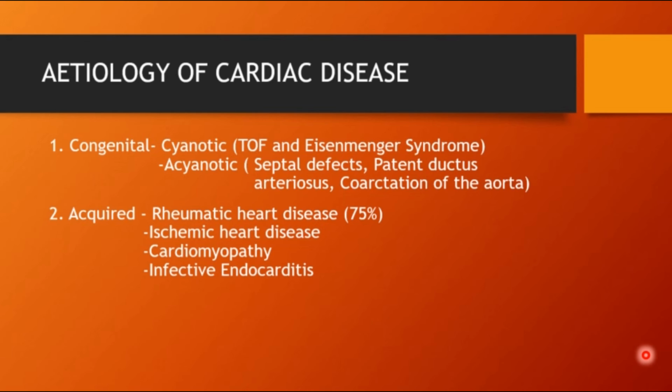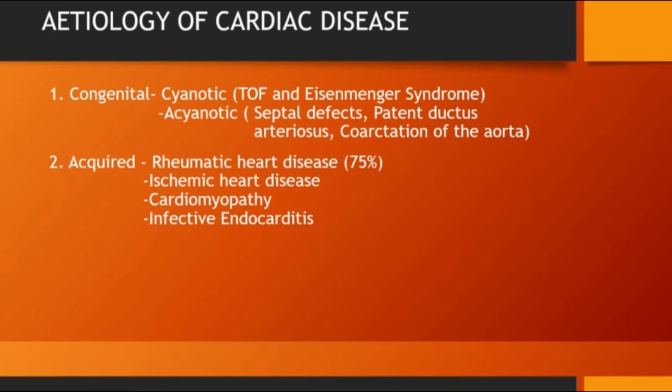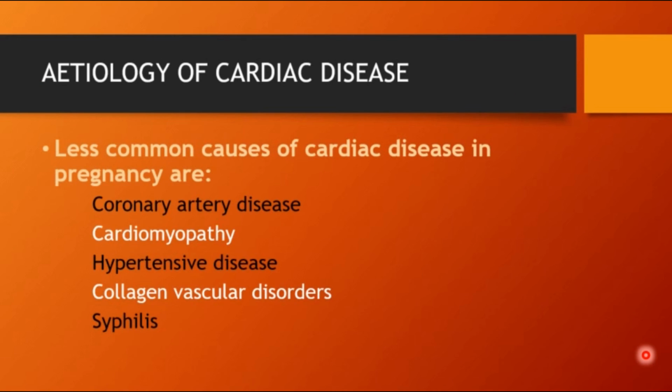And like I said in the previous slide, rheumatic heart disease used to be the leading cause of heart diseases overall, but now it's actually the leading cause of acquired heart diseases in pregnancy, which is 75%. Less common causes of heart diseases include coronary artery disease, cardiomyopathy, hypertensive heart disease, collagen vascular disorders, and syphilis.